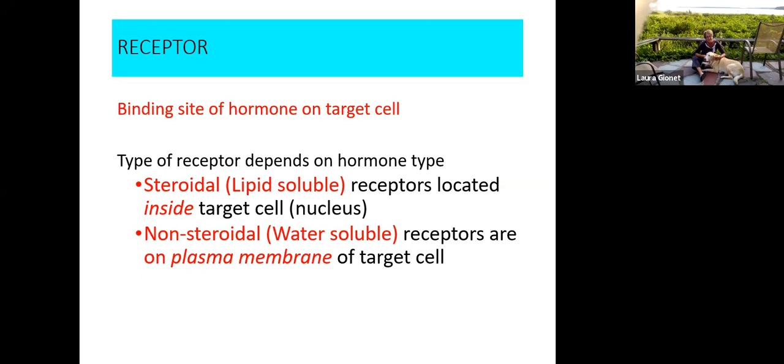Remember, steroidal hormones are non-polar covalently bonded, and the fatty acid tails of the phospholipid are also non-polar covalently bonded. So these steroid hormones can pass right through those lipid tails and travel from the extracellular fluid directly into the cell. They don't need a receptor on the surface. And generally, these hormones target all the general body cells.